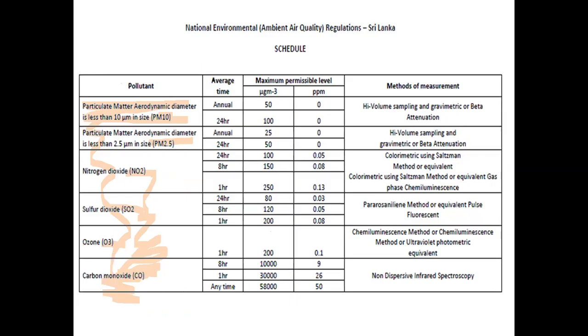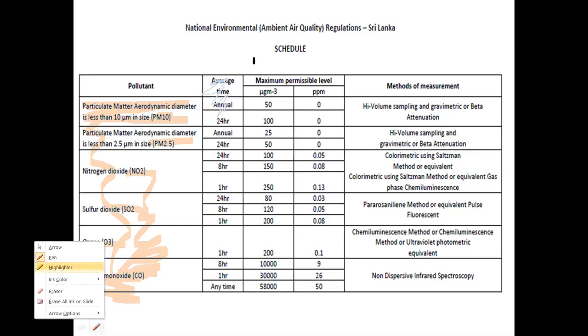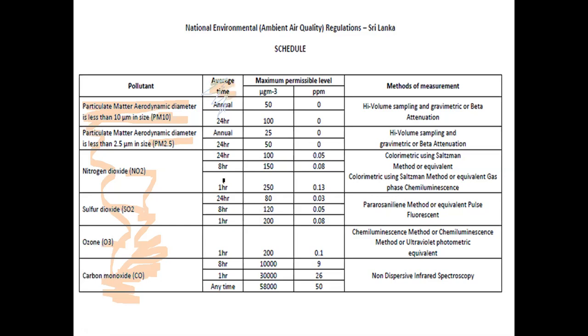This is average time. Here this column shows the average time. If we talk about ozone gas, average time is 1 hour. The maximum permissible level is in parts per million or microgram per cubic meter.